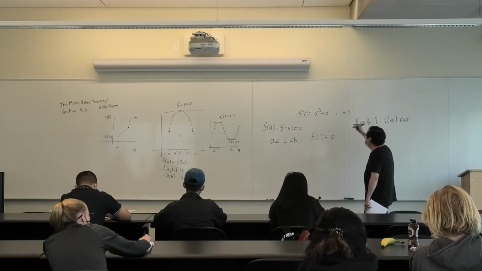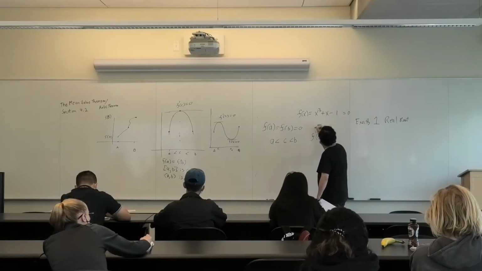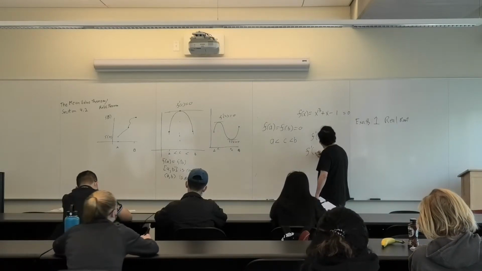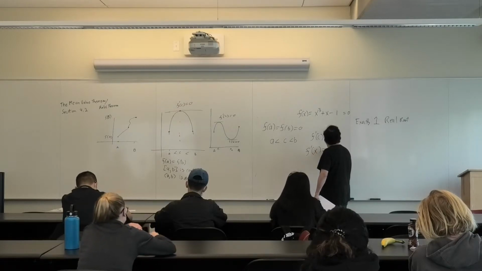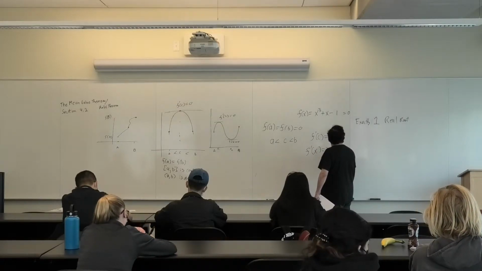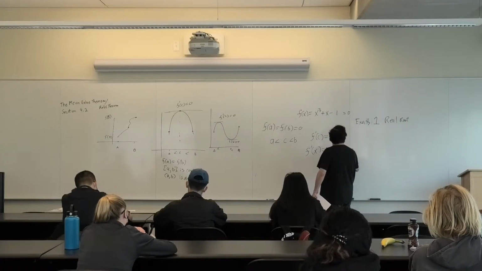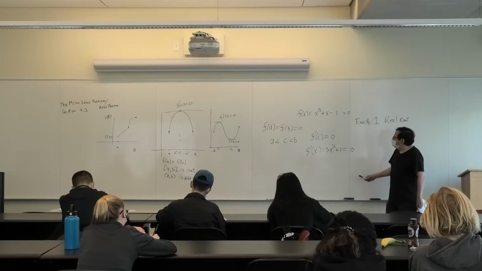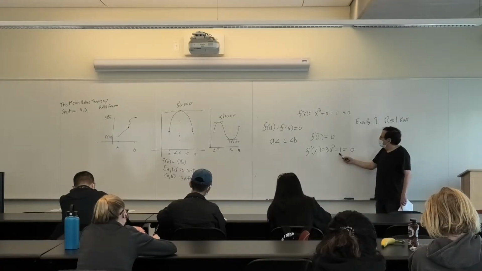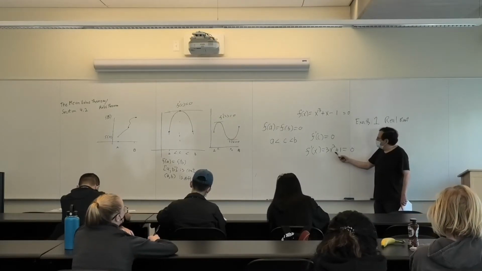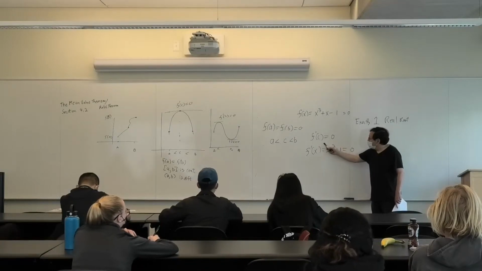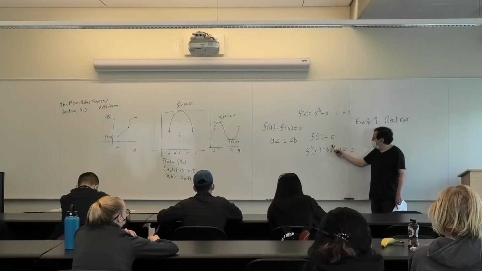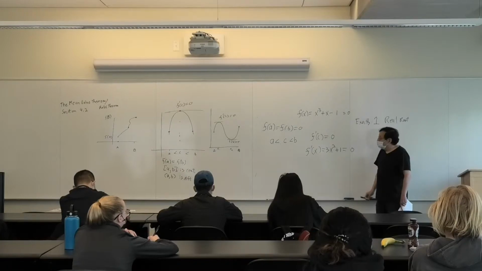Let's test that out. What's the derivative here? F prime is 3x squared plus 1 equals 0. How are we going to find a C, a real C, that makes this 0?